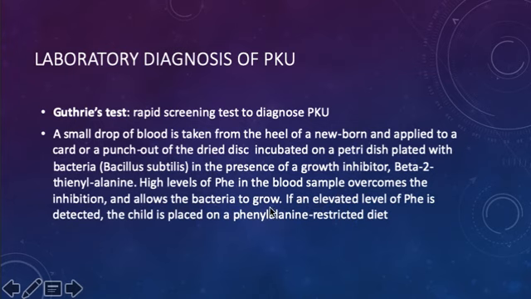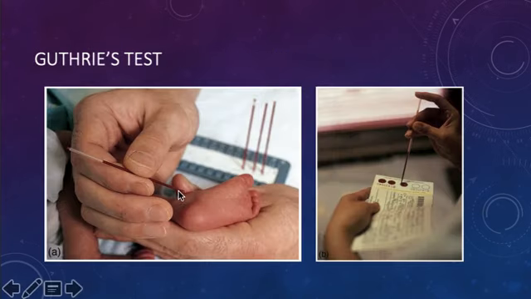So if an elevated level of phenylalanine is detected, the child is placed on a phenylalanine restricted diet. Here in this picture you can see how you collect the sample from the newborn, that is from the heel, and this sample is applied on a disc which contains the bacterial spores and also the inhibitor.